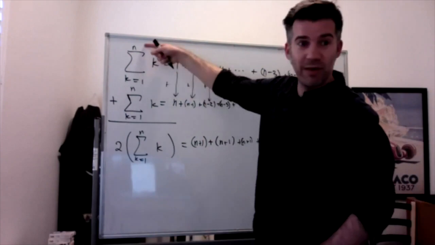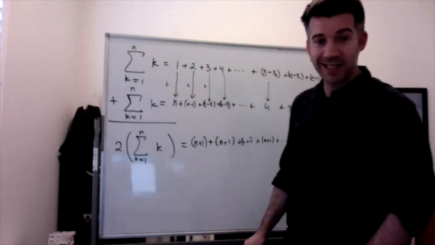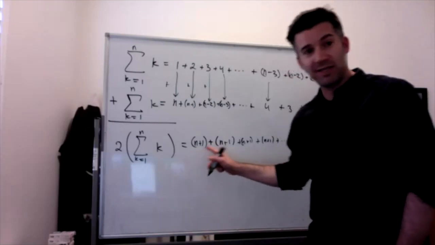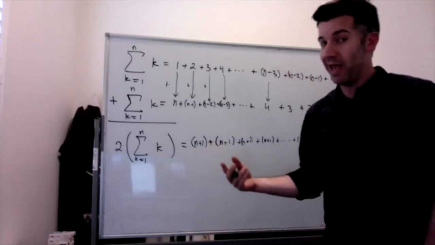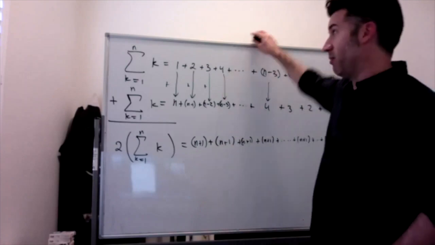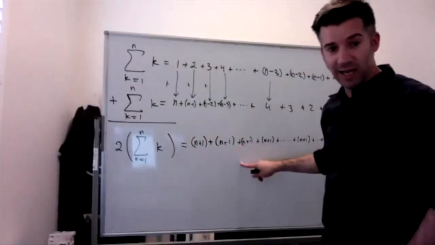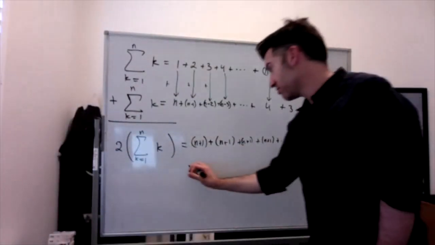How many terms were there? Yeah, n, exactly. So you're adding the same thing up n times. If you add up 6 n times, you get 6 times n. If you add up n plus 1 n times, you get n plus 1 times n.